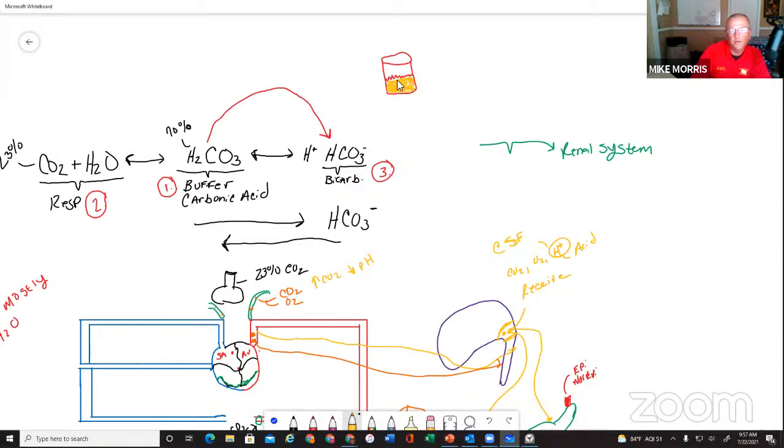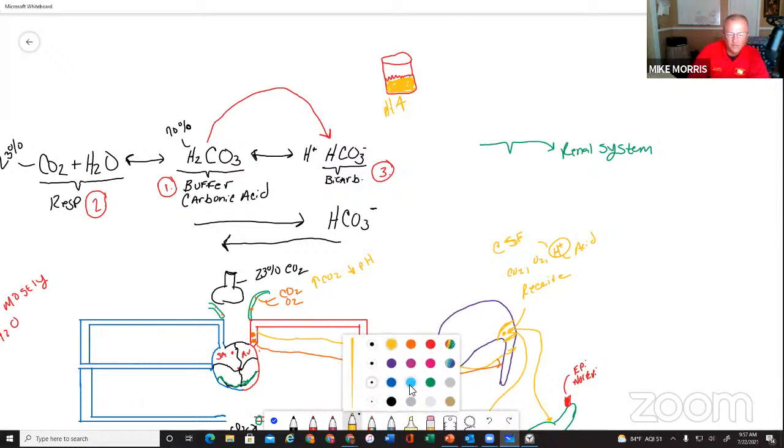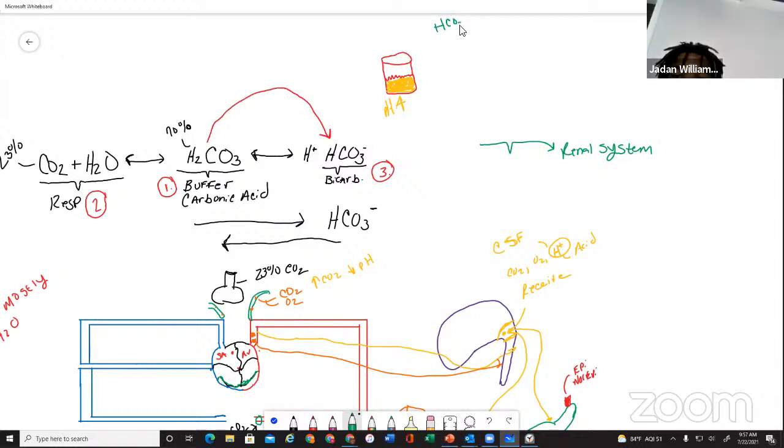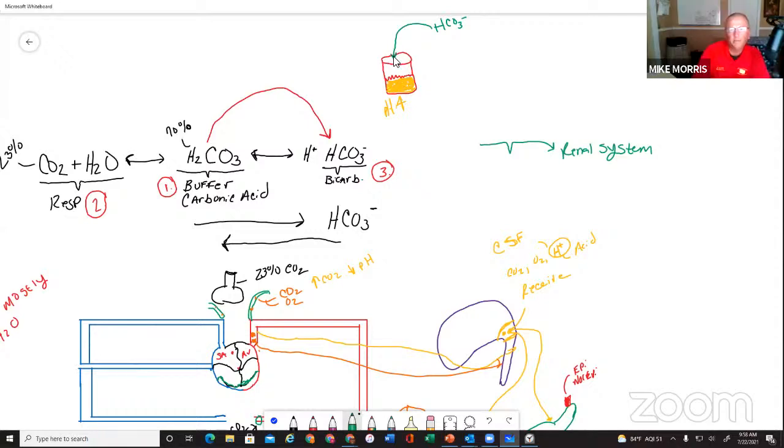And if I want to dilute this acid because it's very acidic, right now it has a pH of 4. Okay, and so I want to make this less acidic. So what I could do is take something called bicarbonate and pour it in my beaker here, and it will dissolve this acid. It will absorb it and change that pH. Instead of 4, it's going to bring that pH up.